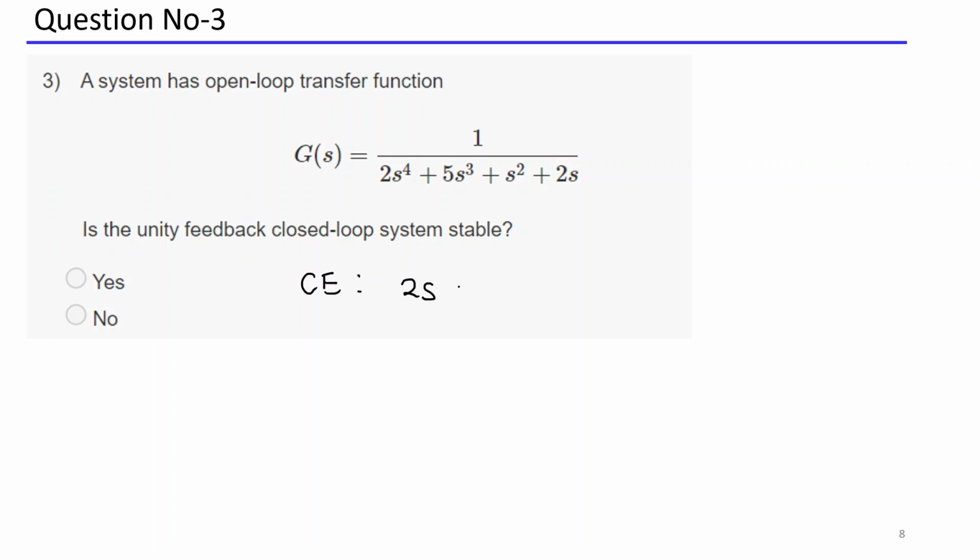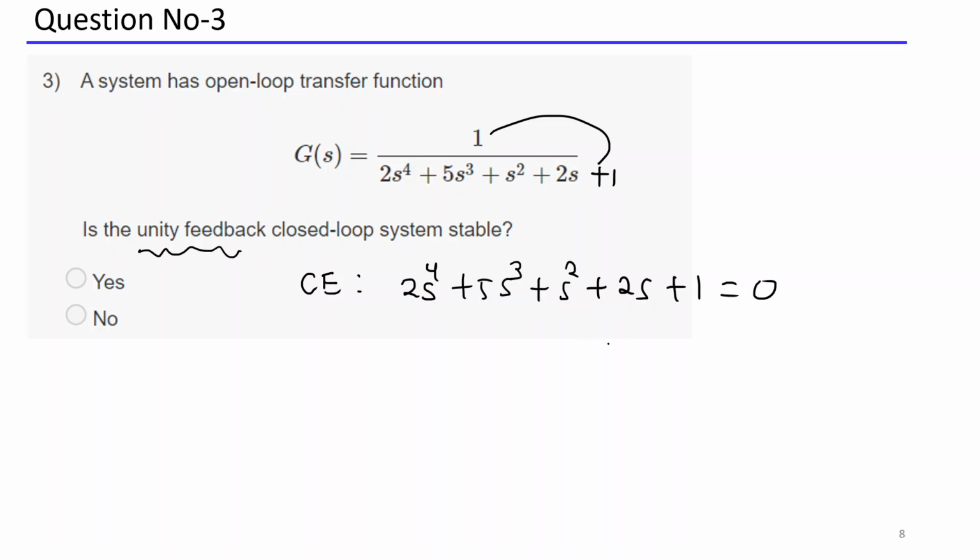Whatever is in the denominator, 5s³ plus s² plus 2s, as it is a unity feedback system, you add in the denominator, and this will be the characteristic equation. For a third order system there is no problem, because you check whether inner product is greater than or equal to outer product.